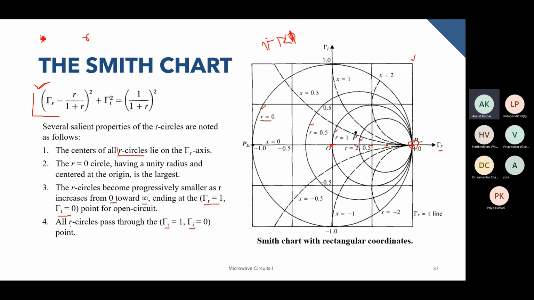So all we are looking at is the real part of the normalized load impedance, which is R, and we try to express R in terms of the reflection coefficient.